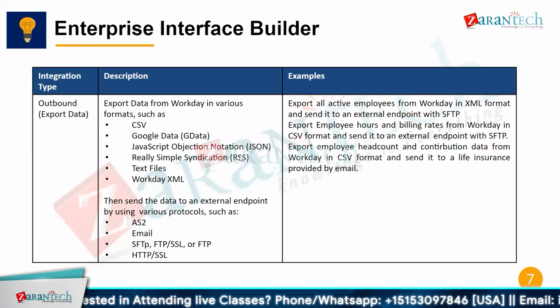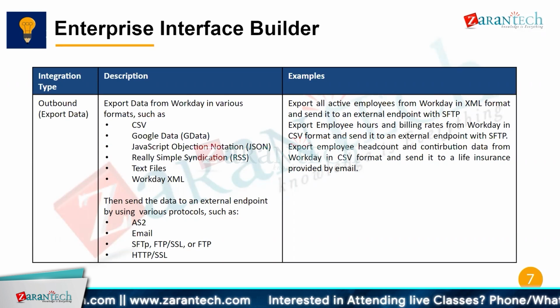Outbound EIB is sending data, exporting data from the Workday tenant to an external party. You can export data from Workday into various formats such as CSV, Google data, JSON, RSS, text file, or Workday XML formats.